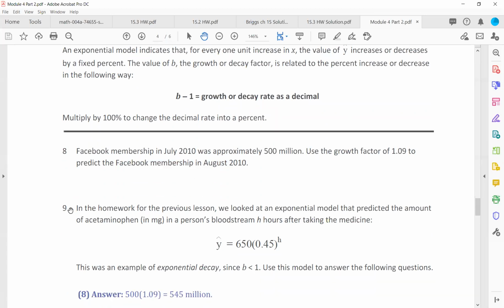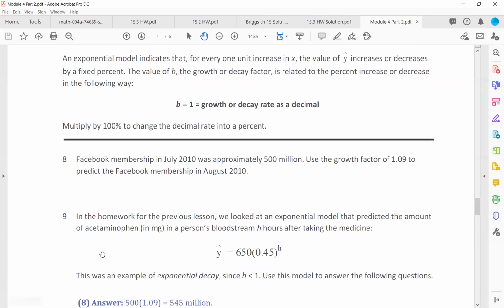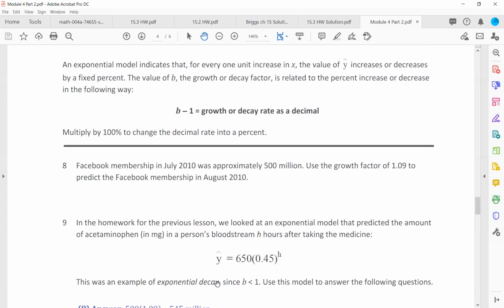Question 9. In the homework for the previous lesson, we looked at an exponential model that predicted the amount of acetaminophen in milligrams in a person's bloodstream h hours after taking the medicine, which followed this formula. This was an example of exponential decay since B is less than 1. Use this model to answer the following questions.